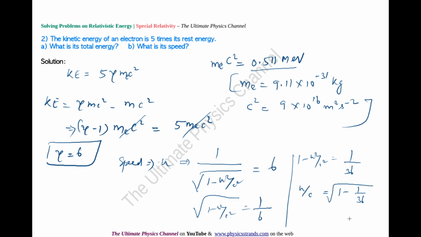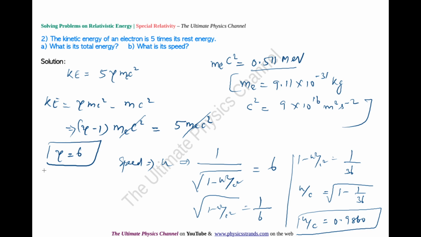That is going to be 0.9860. That is the speed with which the electron has to be traveling for its kinetic energy to be 5 times its rest energy.